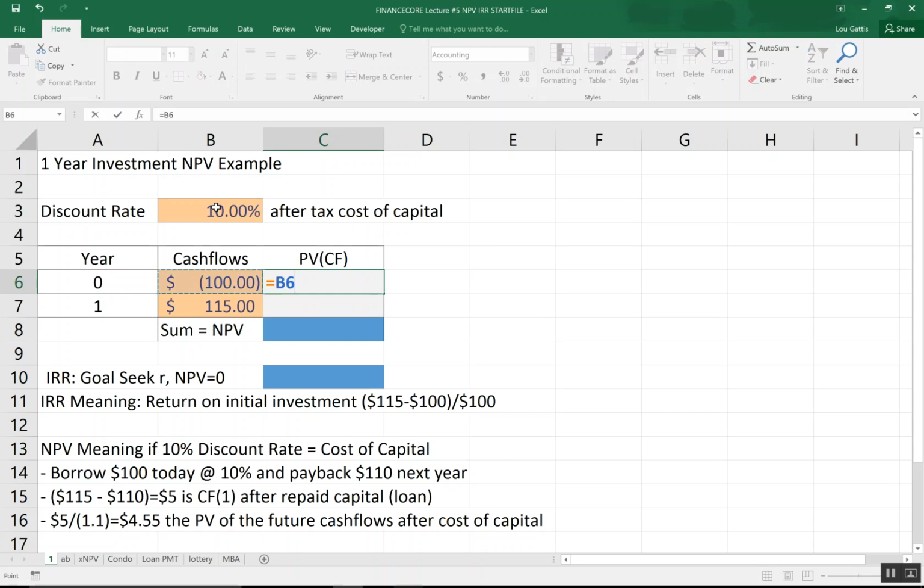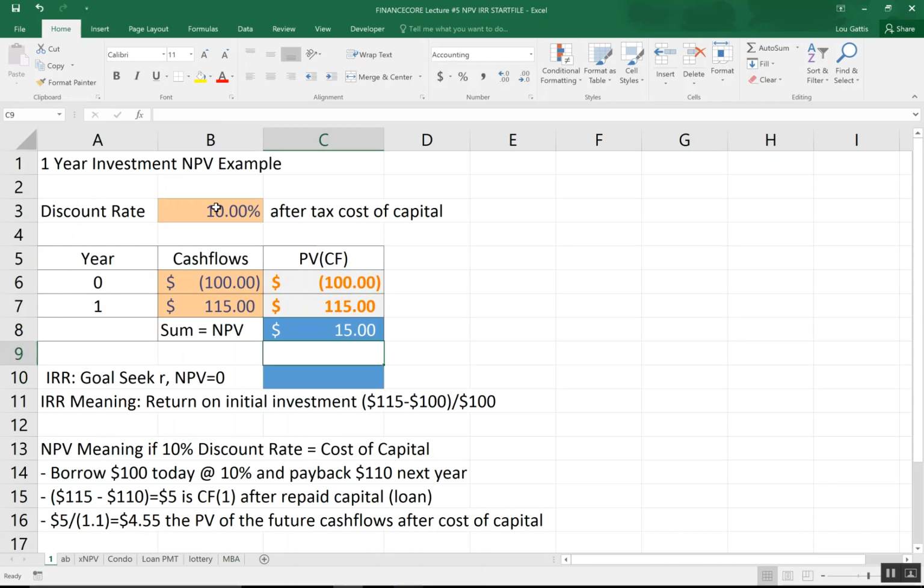The present value of the first cash flow received today, well, that can just be $100. The present value of the cash flow received next period is the 115 over 1 plus that discount rate, raised to the 1 power. And if there are more cash flows, you can do more. If we just sum those up, we call that the NPV, the net present value.